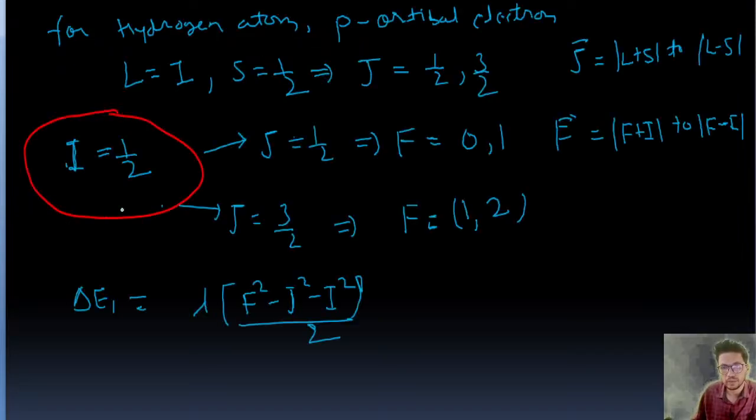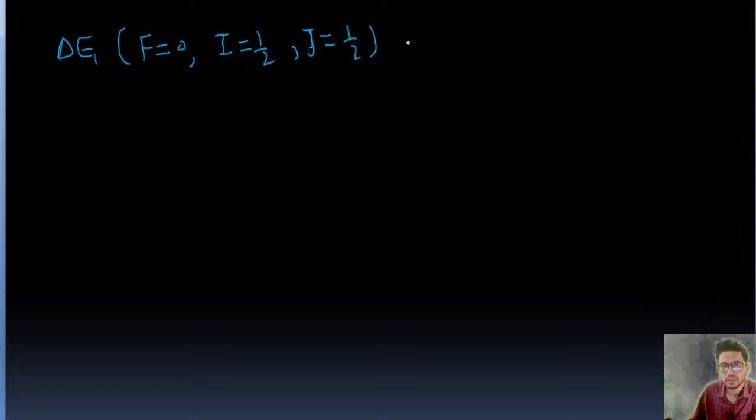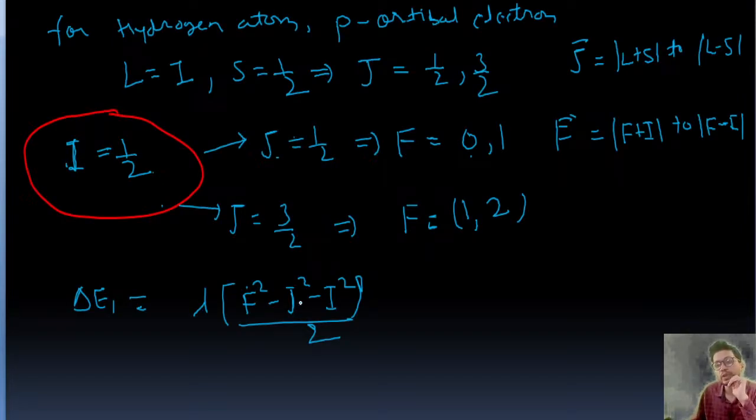Delta E1, it is f equal to 0, I equal to 1 by 2, and j equal to 1 by 2. Right, for these values, I equal to 1 by 2, j equal to 1 by 2, and f equal to 0. Okay, so for this delta I will put the value. And now this value we know, right? These are mod of f square, j square, and this. Here we know, guys, I'm going to write it: the value of f is h cut root f into f plus 1, right?